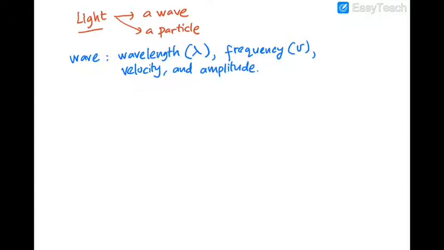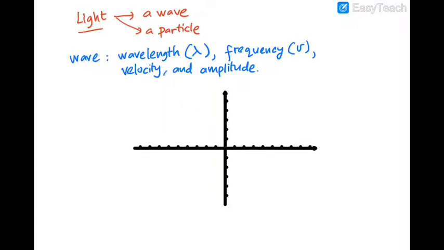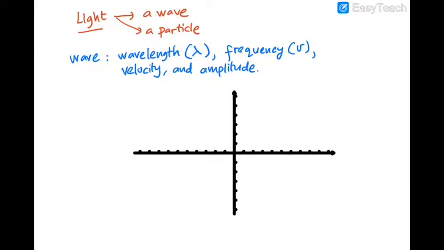Now, if we take a look at how a wave propagates, like this. Okay, let me try to draw the wave first. Say it looks something like this. Okay, now this is what we call the wavelength. That is what we call lambda, or the wavelength.